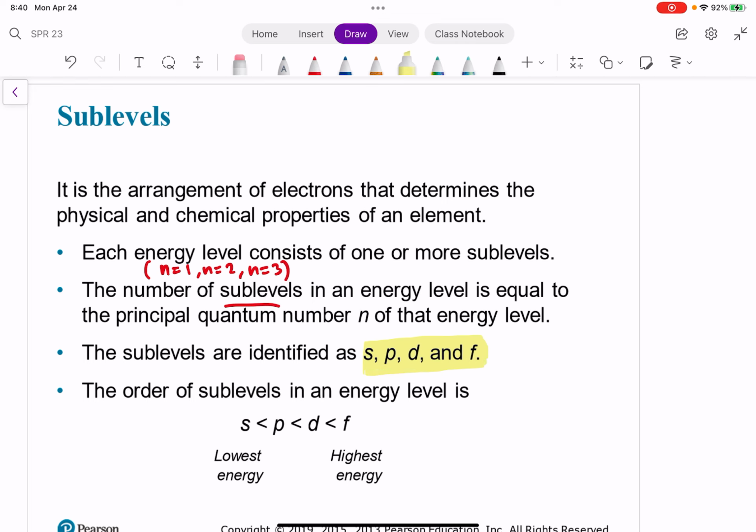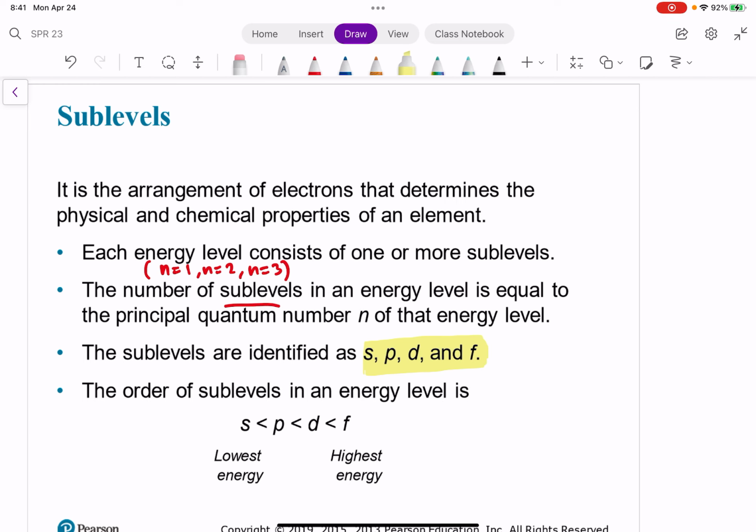Lots of vocab stuff this video. But it's okay, we got it. Sublevels are identified as S, P, D, and F. And the order of the sublevels in an energy level goes from lowest to highest energy. Remember our bookcase analogy. We're lazy.